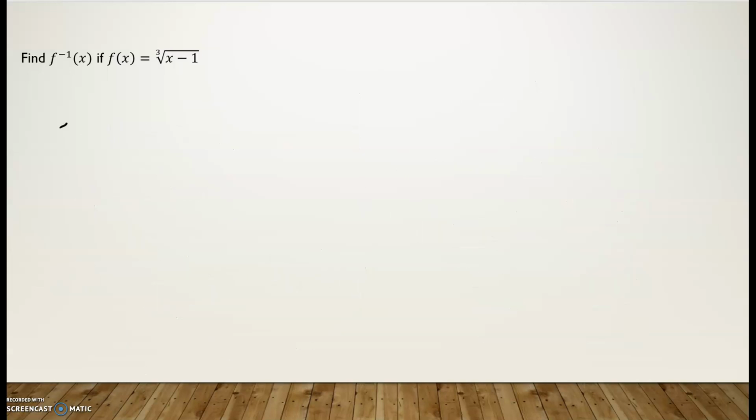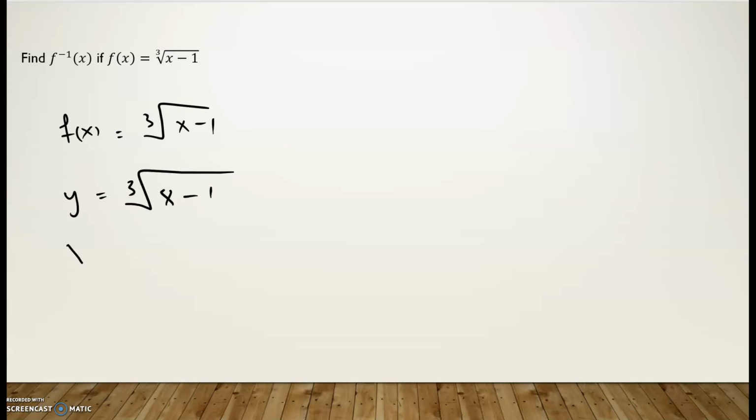Let's look at this one right here. Same thing: we're going to change f of x to y, and then switch our y's and x values, and then solve for y. To get rid of this cube root, I need to raise both sides to the power of 3.